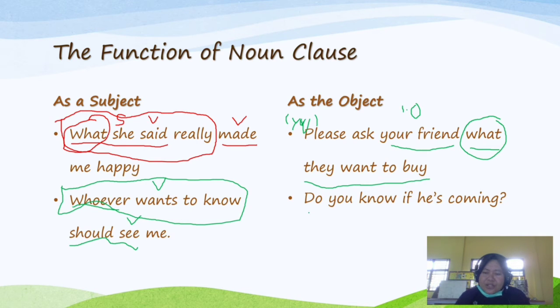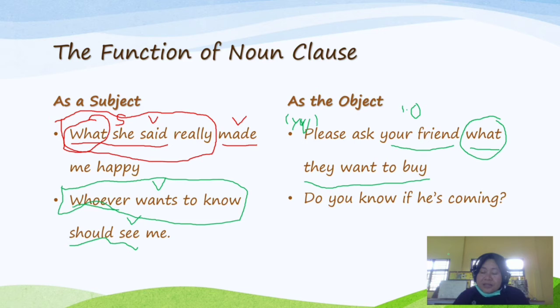Is it a question or a statement? Even though you see there is a question mark at the end of the sentence, this is not a question. How can you differentiate between a statement and a question? You know the pattern of positive, negative, and interrogative sentences, right?